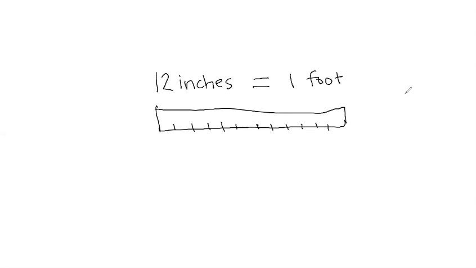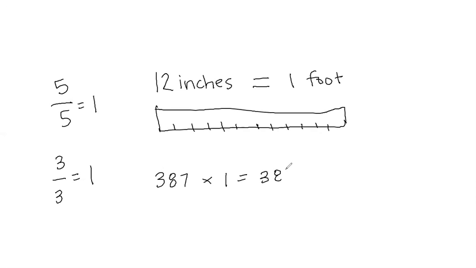So you know how, if you have a fraction that's like 5 over 5, that equals 1, or 3 over 3, that equals 1. And you know how, if you take any number and multiply it by 1, it is equal to the same thing.